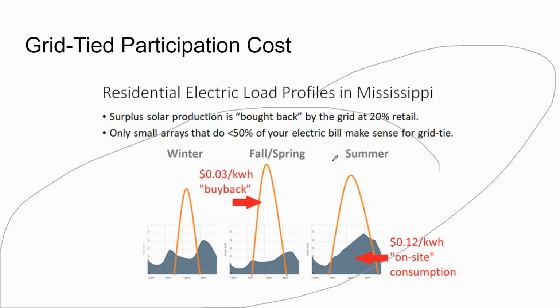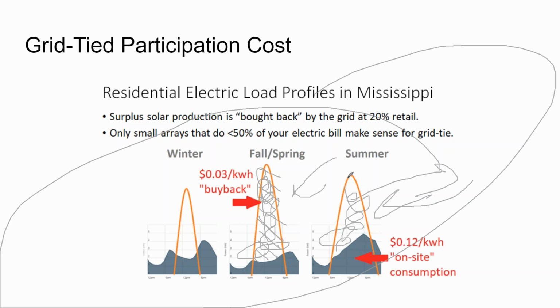But then you get this problem, which is if I have a very large array, and I'm trying to produce 100% of my facility power, well, that power only comes when the sun is up. And so if I'm offsetting 100% of my power, that means 2/3 of my solar production is not going to be in line with my consumption, but either needs to be sold to the grid and then compensated or stored in a battery.